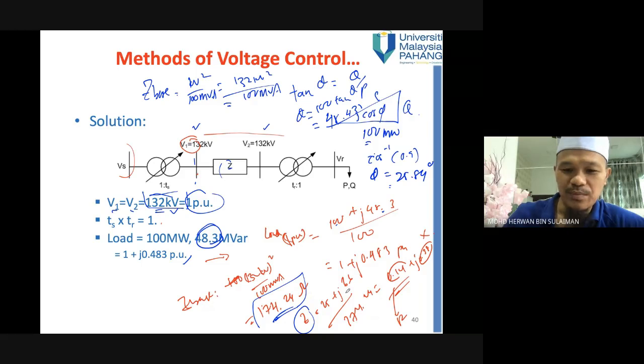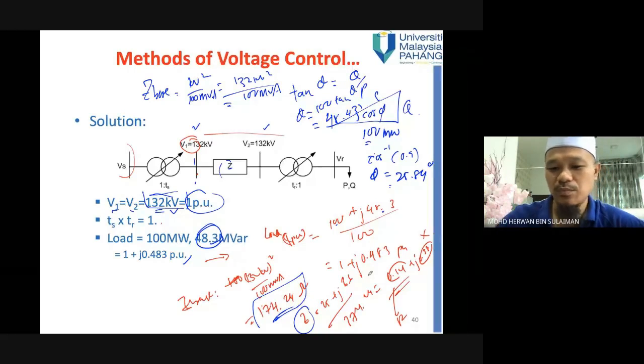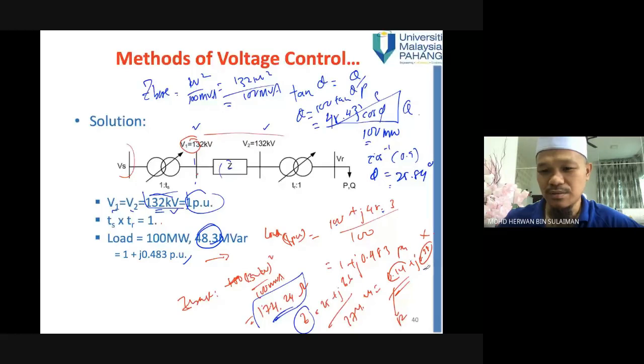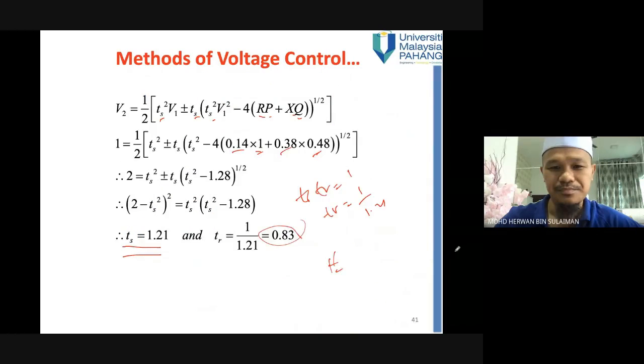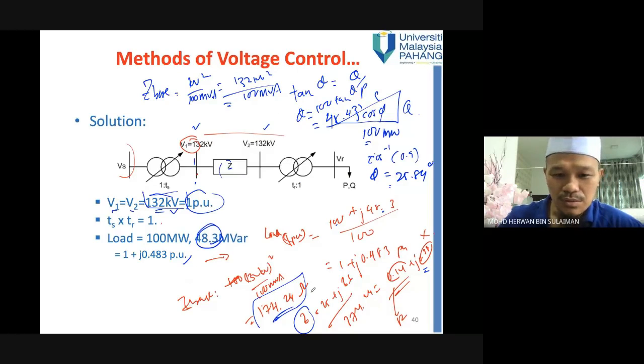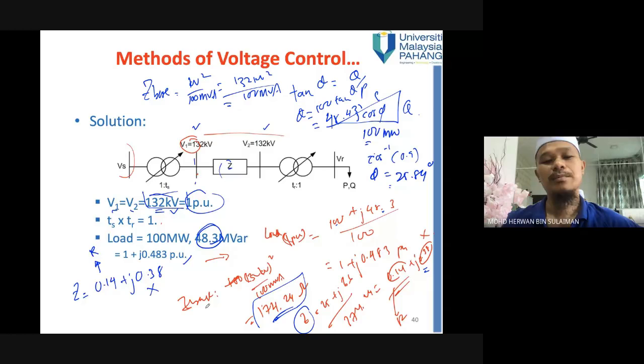So it's 25 plus j66 divided by 174.24. You get 0.14 plus j0.38. Okay. So Z equals 0.14 plus j0.38. This one is your R. This one is your X. Okay.